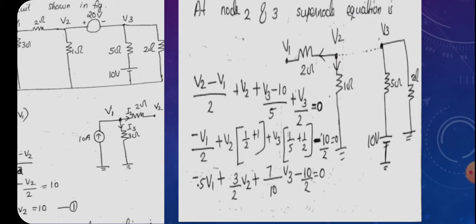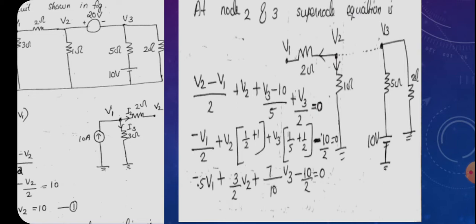Starting from node V2, we can write the equation as (V2 minus V1) divided by 2 plus V2 divided by 1 plus (V3 minus 10) divided by 5 plus V3 divided by 2 equal to 0. You know how to write these equations. Once a branch is connected between two nodes, we have to consider the differential voltage of those nodes.